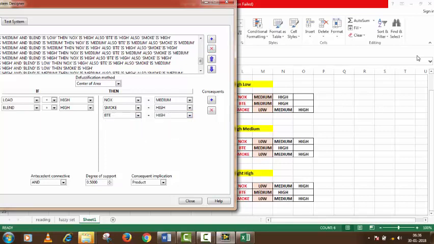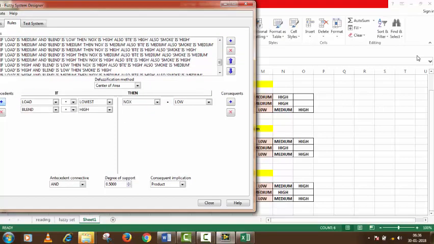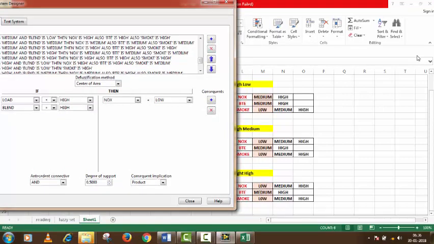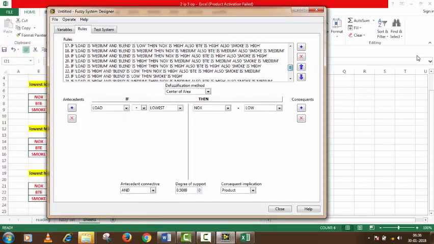BT is high, smoke is medium. Next, last two. So load is high, high only. Here what happens? Only NOx is high. Next one is only smoke is there. BT is not there. High. That's all, boss.